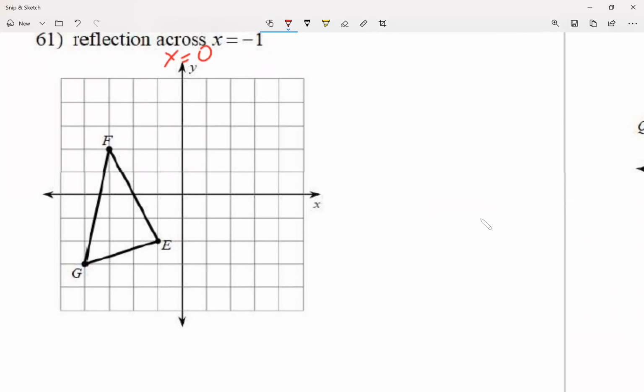Remember back in Algebra 1, when you learned how to graph lines, with slope-intercept form, the y-intercept, they said, oh, the x value is 0. So that's another name that we have for the y-axis. We call it the line x equals 0 because any point on that line has the x value 0. Now the line x equals -1 should be this line.